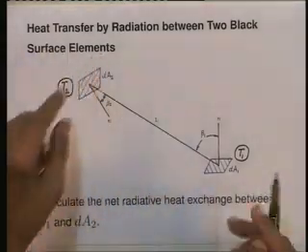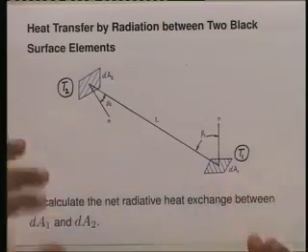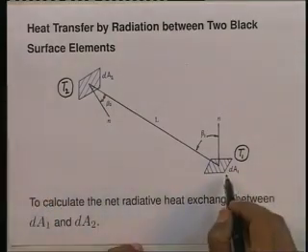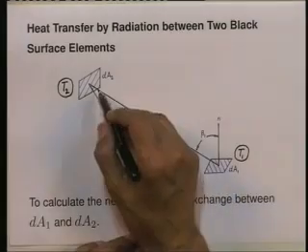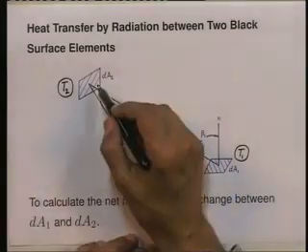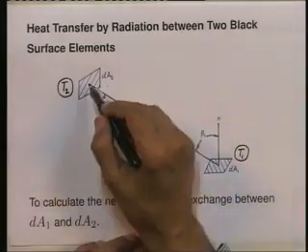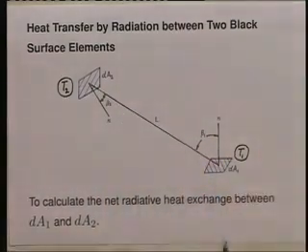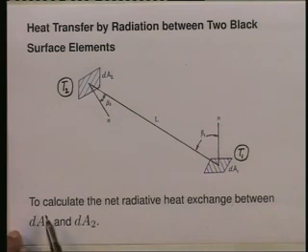The heat transfer by radiation between the two elements is the difference between those two quantities, that is, what is emitted by dA1 going towards dA2 and absorbed by dA2, and what is emitted by dA2 going towards dA1 and absorbed by dA1. So, our problem is to calculate the net radiative heat exchange between dA1 and dA2.